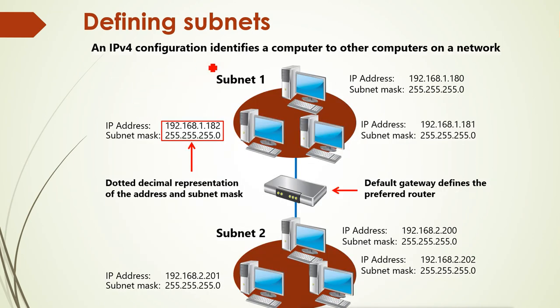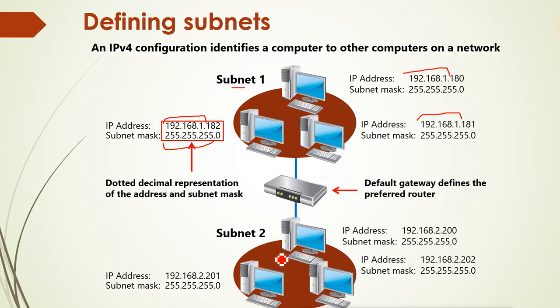Now in IPv4 configuration, it identifies the computer to the other computers on the network. As I said, if the network ID is different, then they will be considered as a different subnet. So if suppose one subnet has the network ID of 192.168.1 based on the subnet mask, all these machines are in the same subnet because they have the same network part.